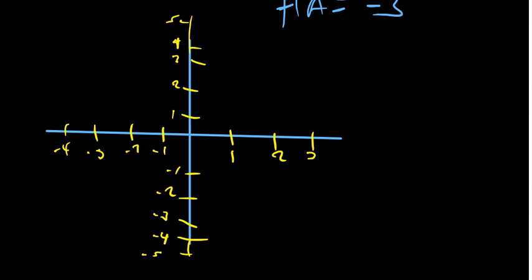What it means is that the horizontal asymptote we have found is negative 3. This is the horizontal asymptote. The graph will not cut this line. The vertical asymptote, we have found that it is 1. The graph will not touch this line. So this is the horizontal asymptote, and this is the vertical asymptote.